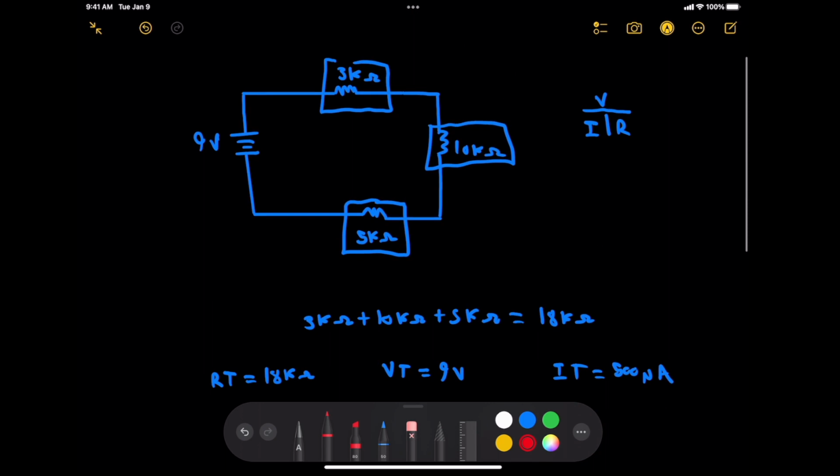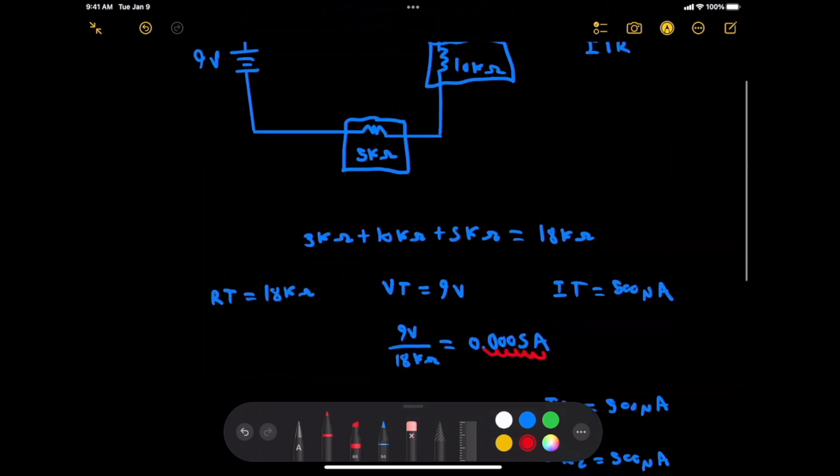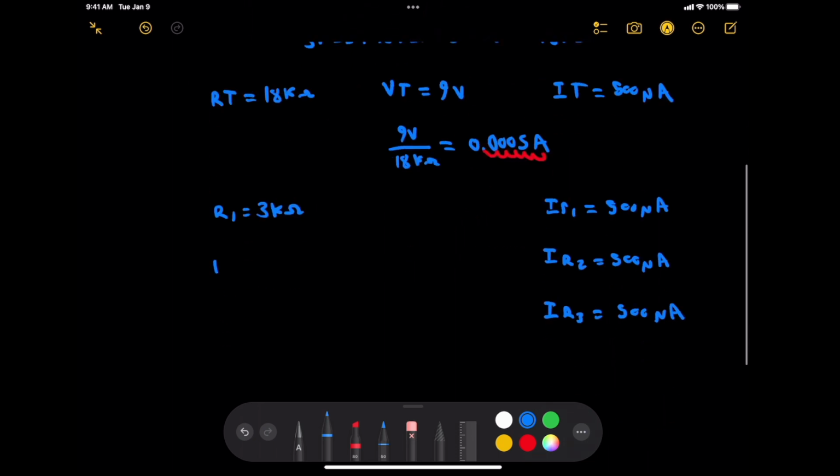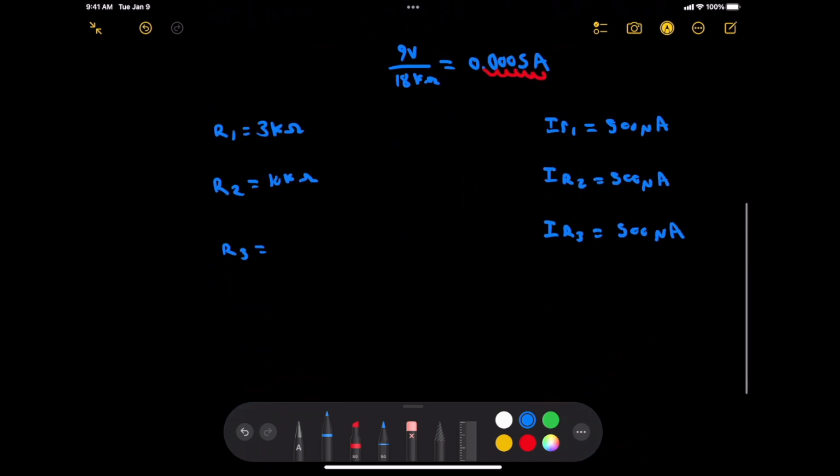We know that R1 is going to be equal to 3K ohms. R2 is equal to 10K. And R3 is equal to 5K ohms.